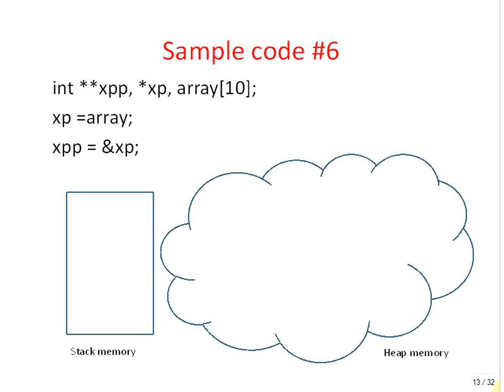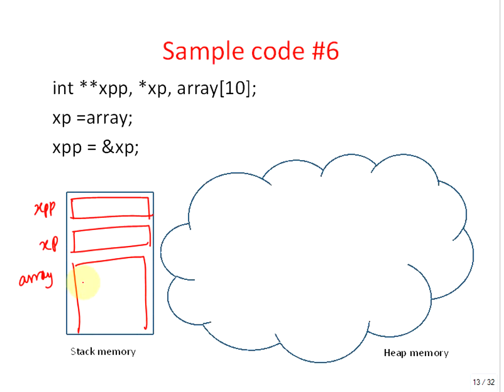Not very different, to be honest. Let's see, xpp here, xp next one, array. What are we saying? xp equal to array. See, did you see something interesting?